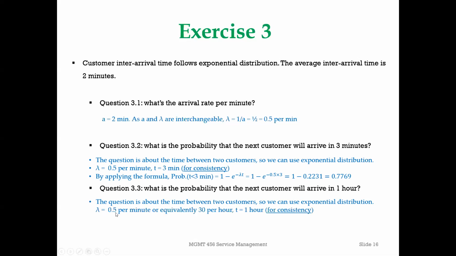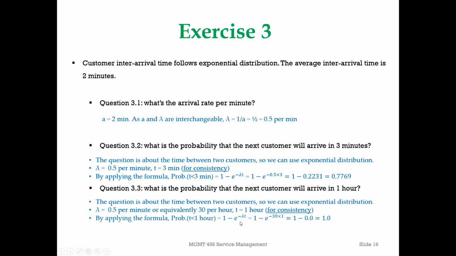Lambda is 0.5 per minute, but here we have 1 hour, so 0.5 per minute is not good. We have to convert it to per hour. 0.5 per minute means you will see, on average, half a customer per minute, which is equivalent to about 30 customers per hour. So 30 customers per hour and 1 hour are consistent. Now we can apply the formula.